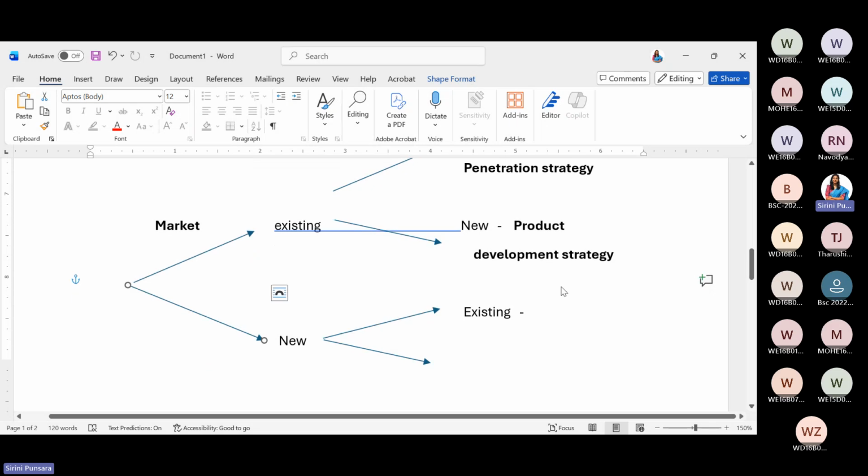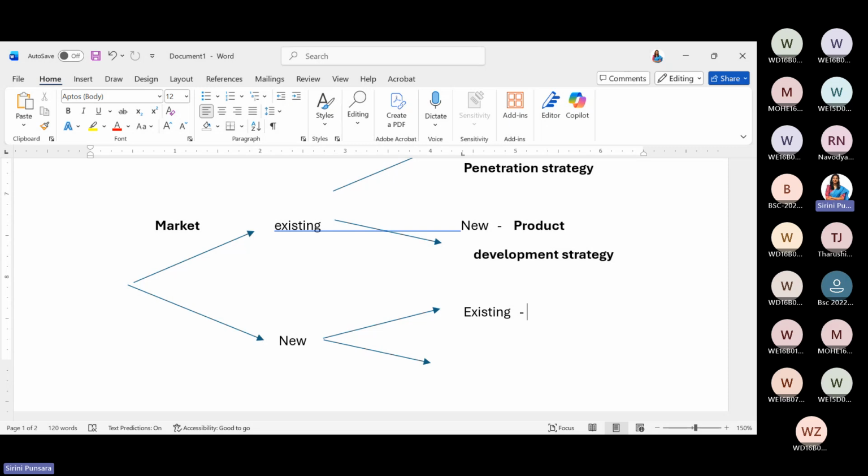Then if we are going with new market with existing product, we do have market development strategy.